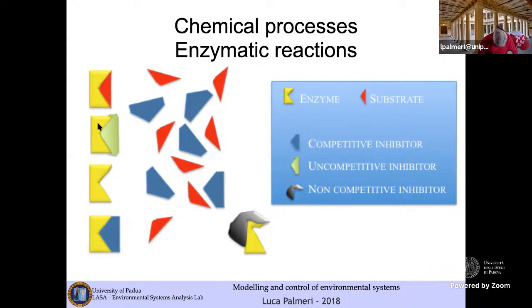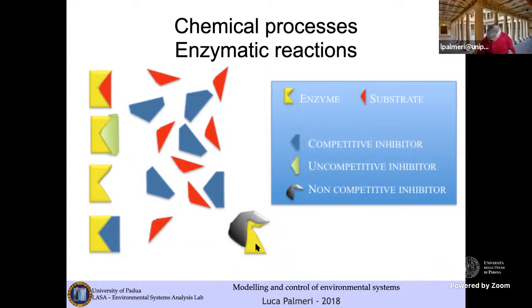Other types of pharmaceuticals may be that of the uncompetitive inhibitor, so that you permanently block the enzymes from working, so that the enzymes are then released through the excretion mechanism of the organism, so these are taken away from the body. Or you may employ very disruptive mechanisms like non-competitive inhibitors.